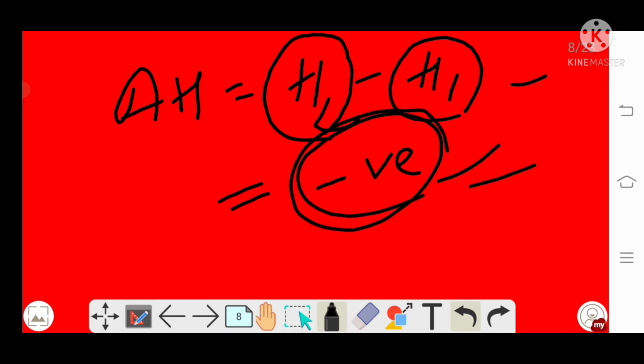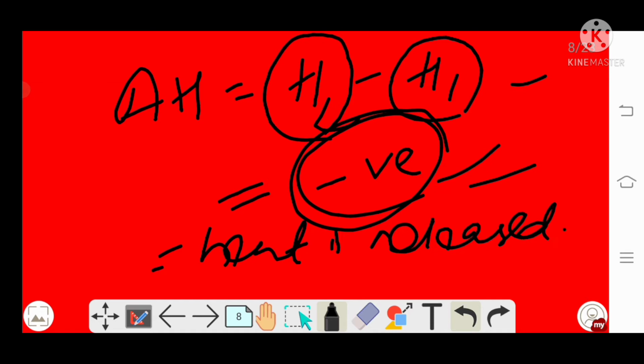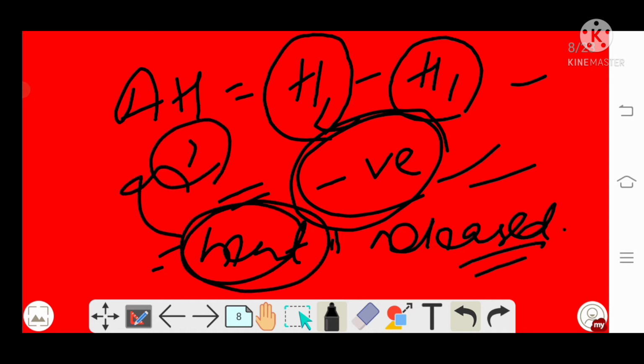That's why energy or heat is released. Heat is a form of energy.